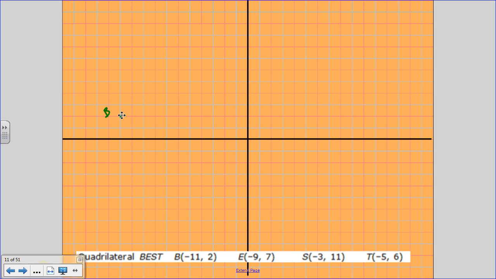E is at negative 9, 7. S is at negative 3, 11. And then negative 5, 6 for T. Connect it.